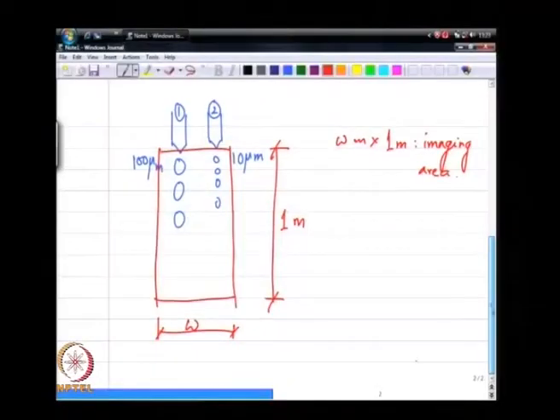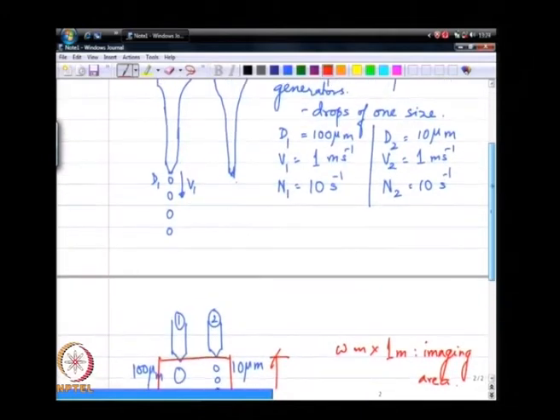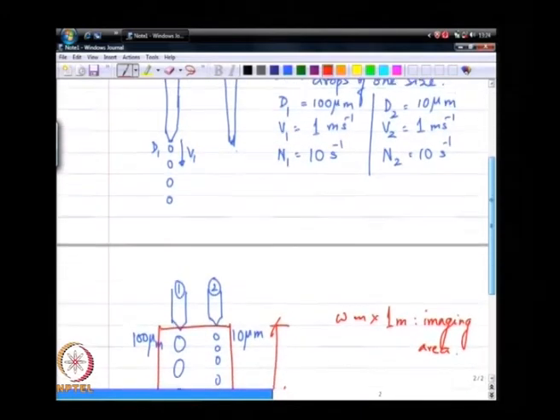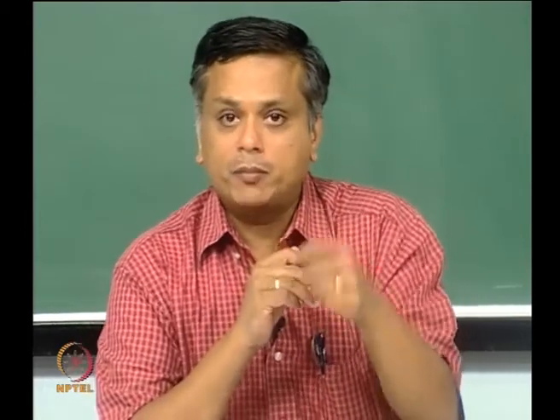Okay. Since each droplet is moving at 1 meter per second and the spacing between droplets is 1/10 of a second, the production spacing between droplets is 1/10 of a second.